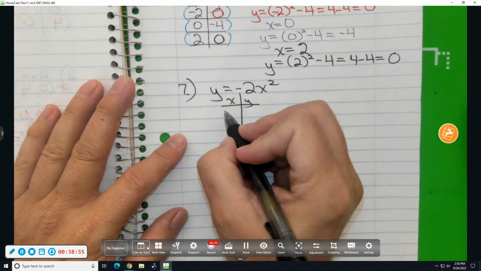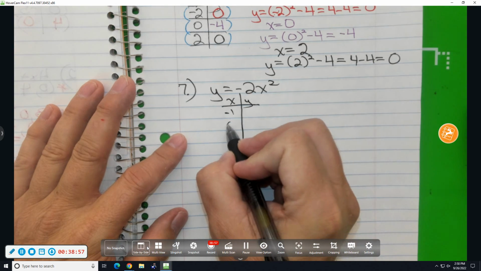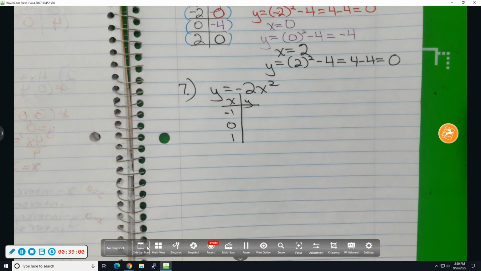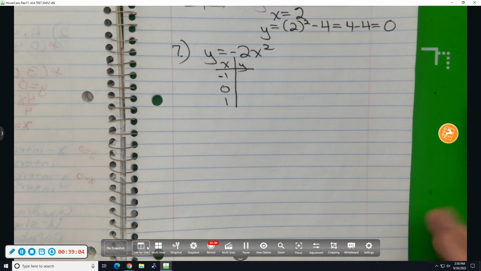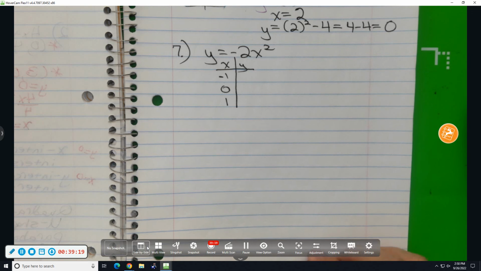How about negative 1, 0, and positive 1? You could decide to use 10 for x. Well, you'll get negative 200 for y. You're not going to be able to plot it. So you have to look there and recognize the limitation. This graphing tool is nice, but you got to be able to plot whatever points you generate on that. So you have to choose x values that are going to give you small y values.